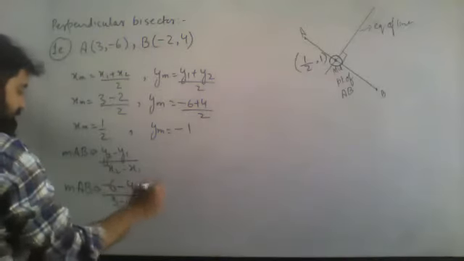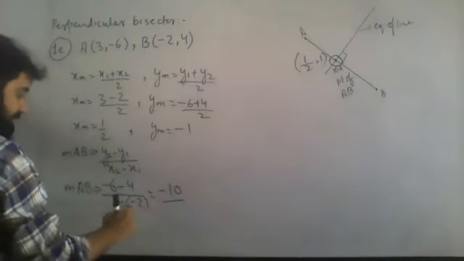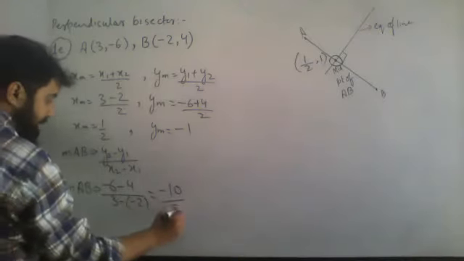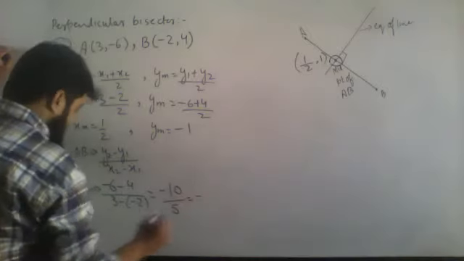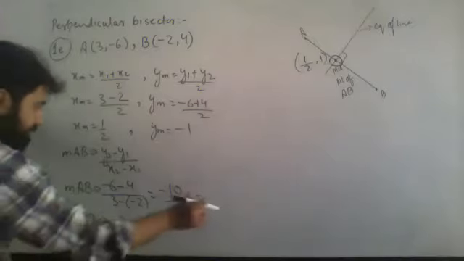So minus 6 minus 4 will be minus 10, and 3 minus minus 2, plus 2, that will be 5. So my final answer for the gradient of AB is minus 2.